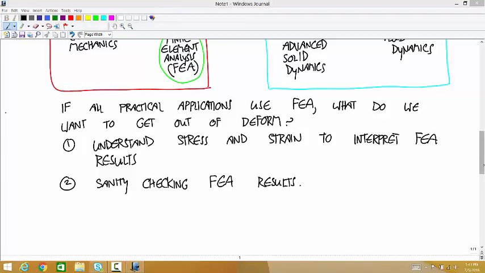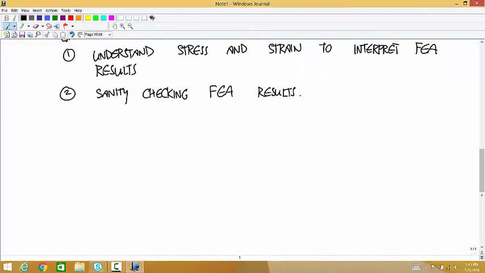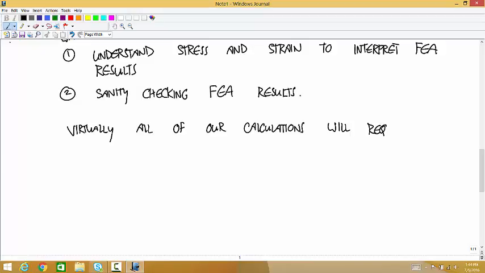Okay. This whole class is going to be based on 4 simplifying assumptions. So virtually all of our calculations will require 4 simplifying assumptions.